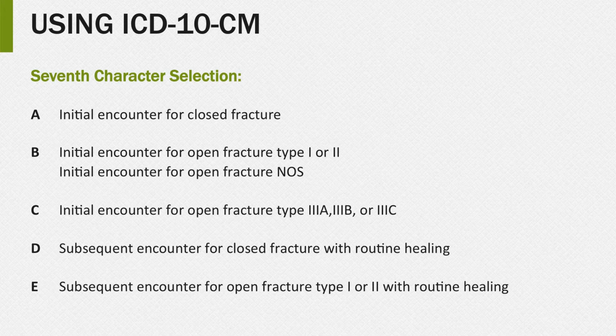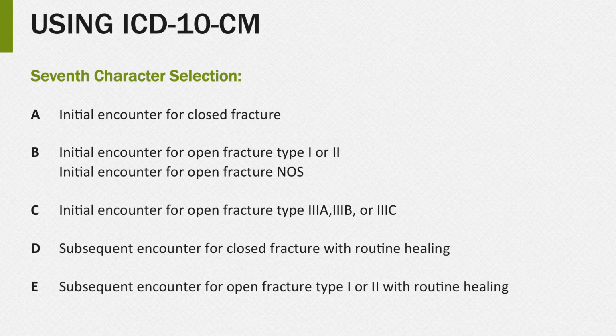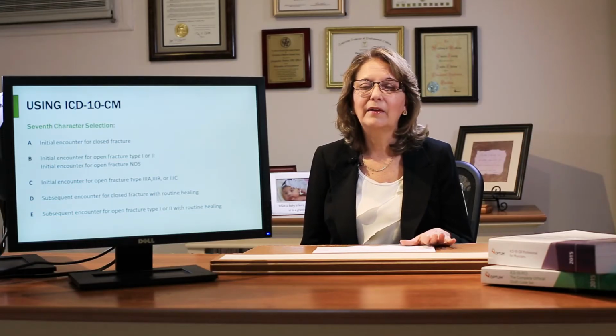Listed here are some of the 7th character extensions from the injury section, which, by the way, has changed dramatically from ICD-9. It's greatly expanded. As mentioned earlier, the 7th character definitions will vary from chapter to chapter. For example, in the pregnancy chapter, 7th character extensions are used to identify the fetus.